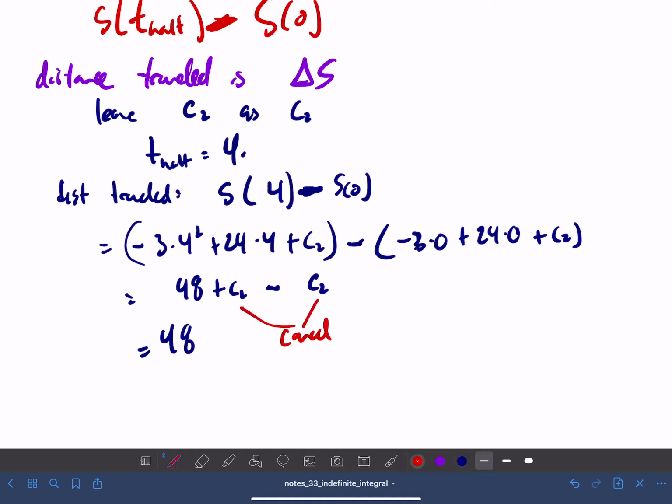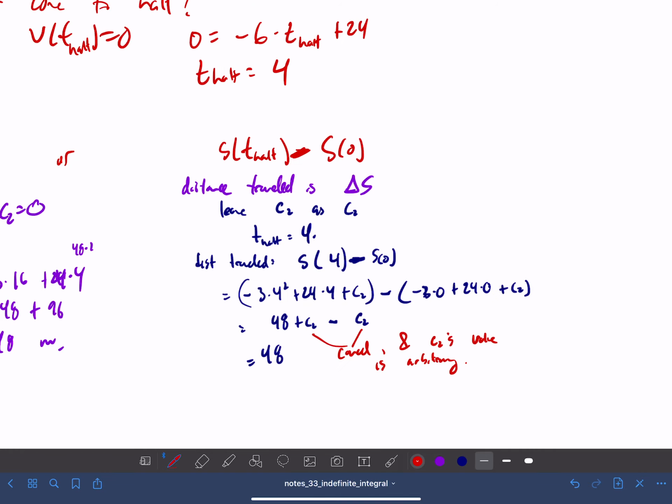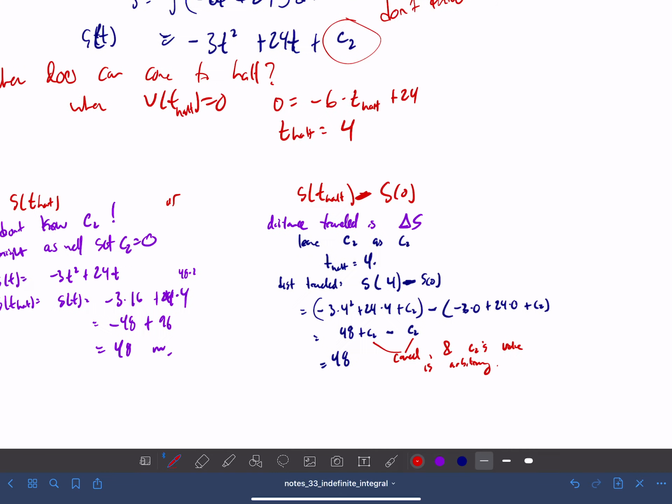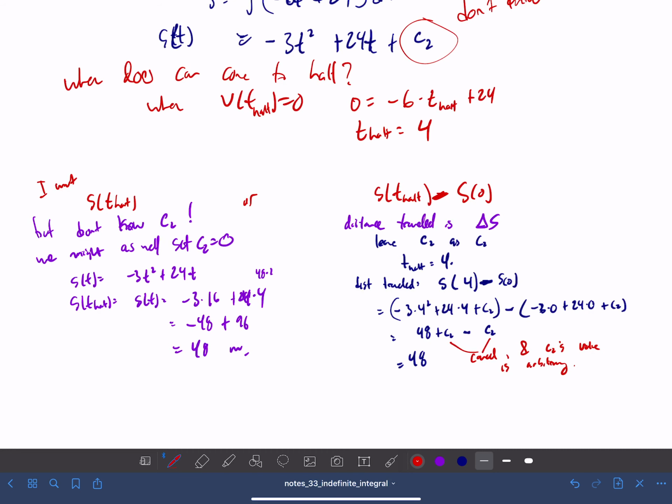Those additively cancel, and c2's value is arbitrary. So that is exactly what it means for us to say we might as well set c2 to be 0 on the left-hand side, because it was a delta.